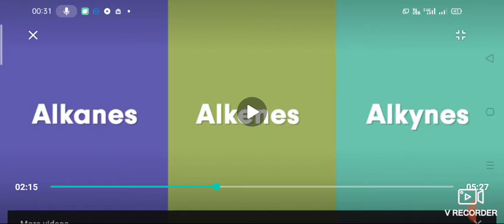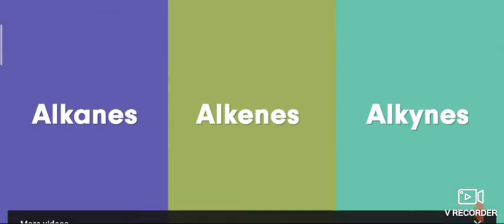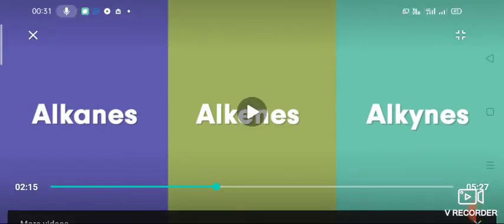If you convert the alkane into an alkene which has 2 carbon atoms, you can name it ethene. Ethene has 2 carbon atoms with a double bond.